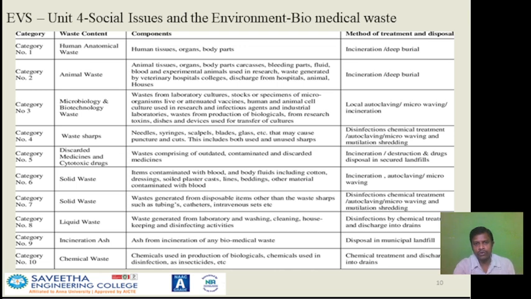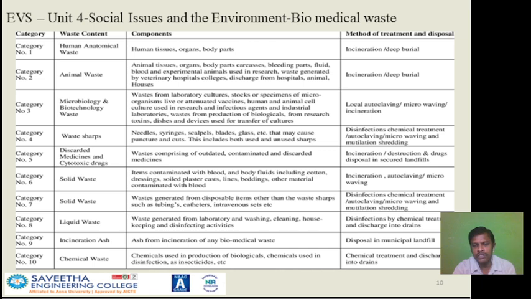And category 4 is waste sharps. It's needles, syringes, scalpels, blades, glass, etc. They may cause puncture and cuts. This includes both used and unused. It can be disposed by using disinfection, chemical treatment, autoclaving, microwaving and mutilation shredding. Category 5 is for discarded medicines and cytotoxic drugs.